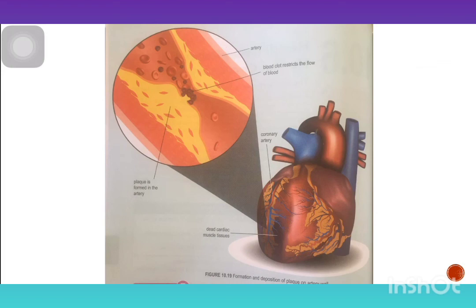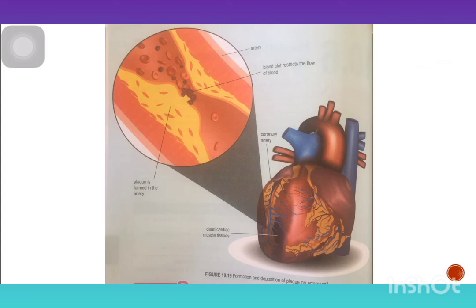So when blood clots happen, the muscle tissue on the heart will also die. If blood clots happen in the heart, that means the heart will also not be able to work.